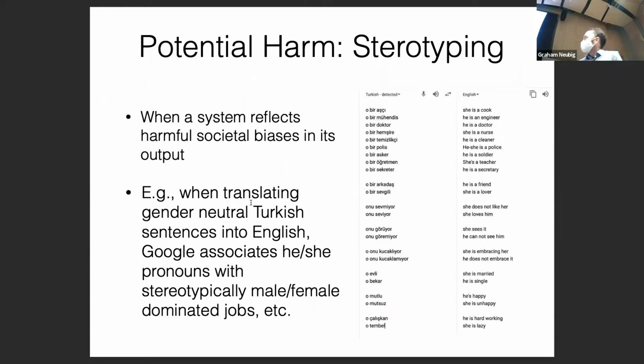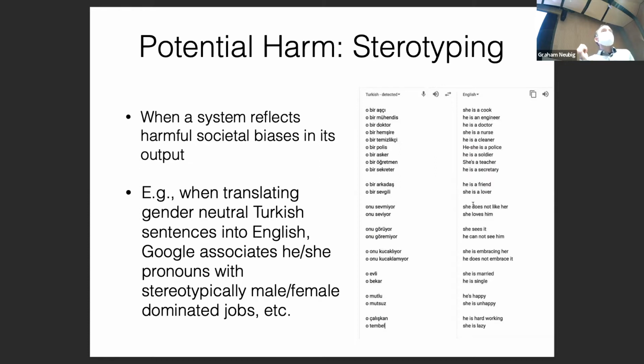Another potential harm is when a system reflects harmful societal biases in its output. To give just an example, Turkish doesn't have gendered pronouns. So when you translate from Turkish to English, where English uses a gendered pronoun, you can see which one Google Translate picks. And it picks things like, for cook, she; for engineer and doctor, he; for nurse, she.